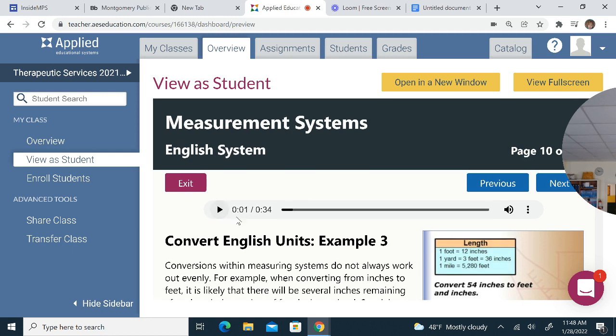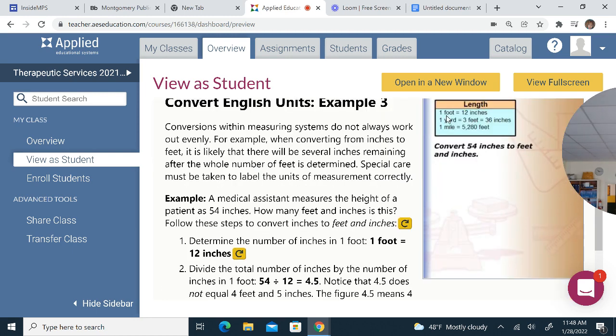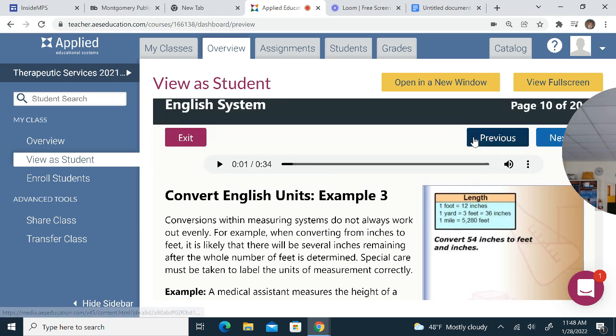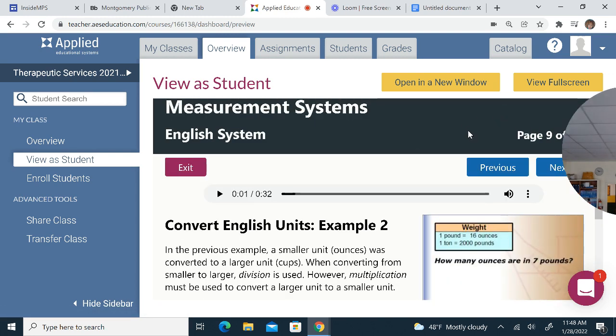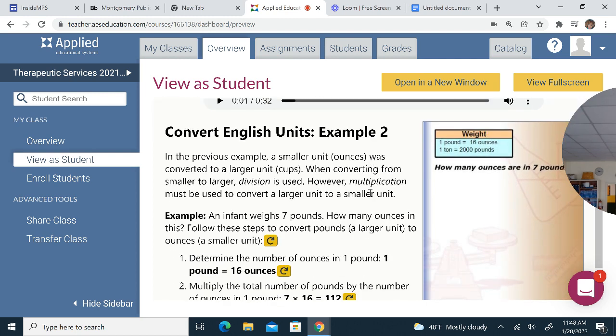Yes, right here: when converting from smaller to larger, division is what you'll use. You'll use multiplication when you're going from larger to smaller. So smaller to larger, you divide. Larger to smaller, you multiply. That's a mouthful.